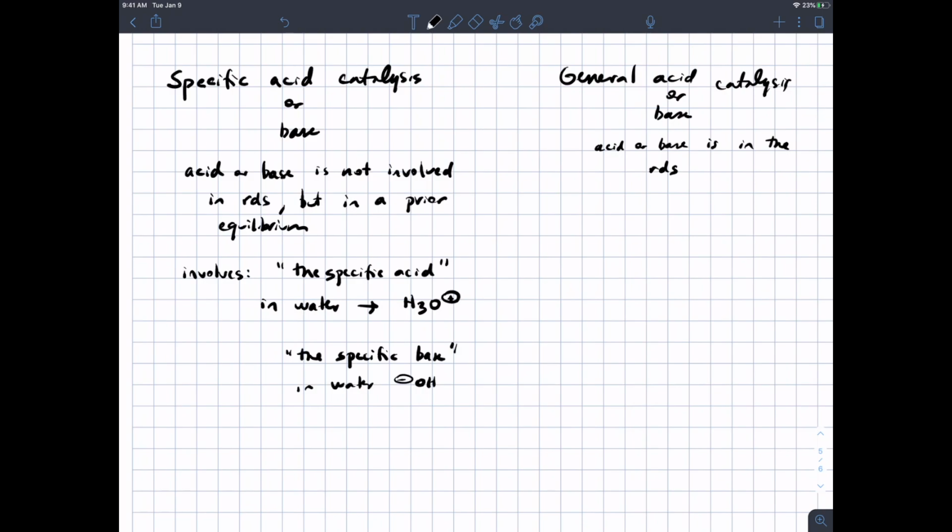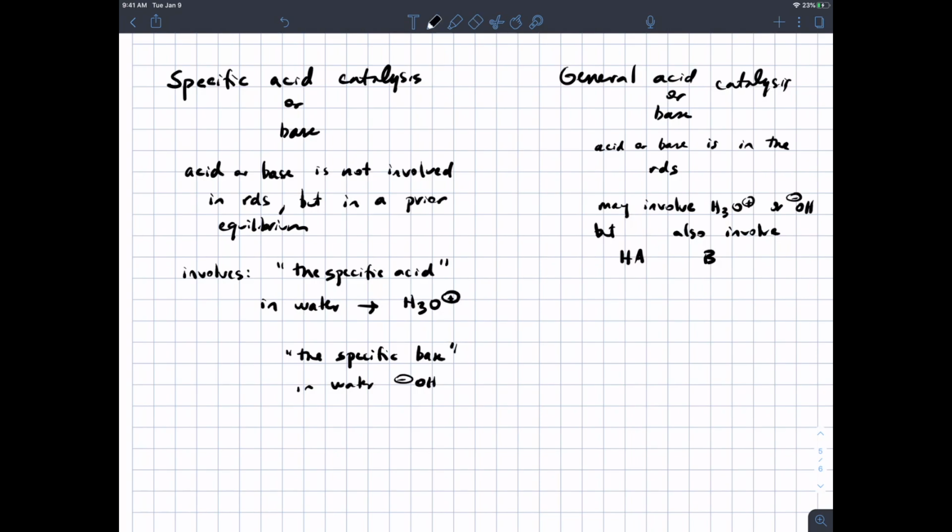General acid or base catalysis may involve hydronium or OH, but can also involve any general acid, HA or B.